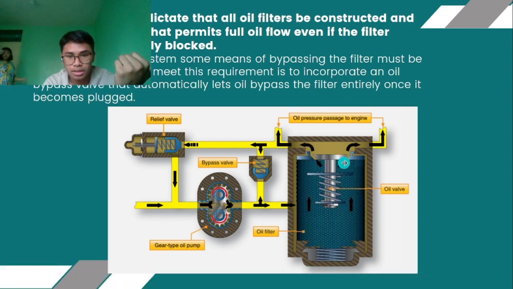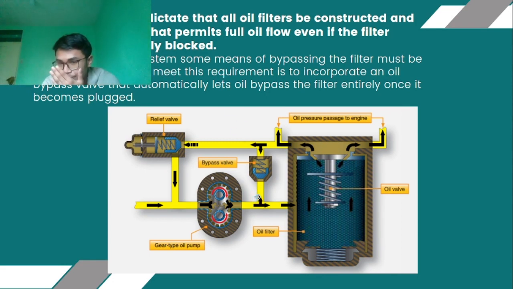So, what the manufacturers or the maintenance did is they placed a bypass valve. So, on a full flow filter system, some means of bypassing the filter must be provided.